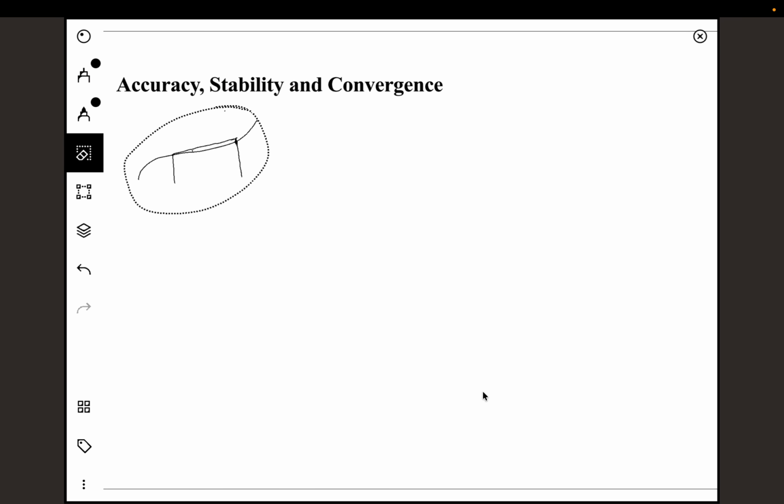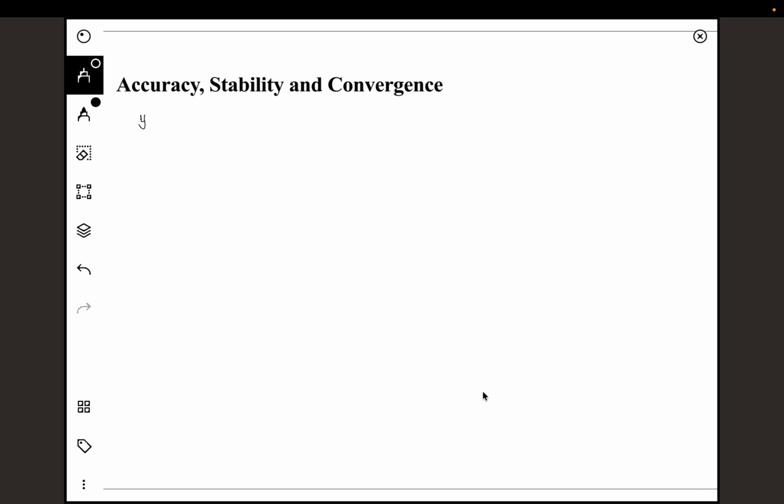So we have different metrics. If I have a value y hat that I'm approximating, and y is my actual solution, the difference between them is what we call accuracy. This we already know.